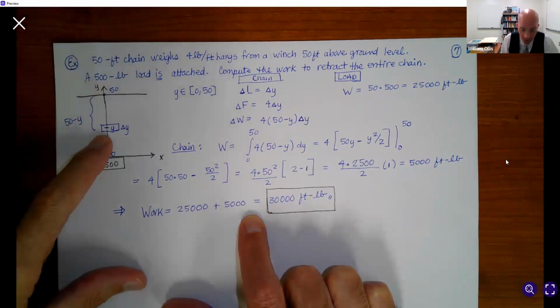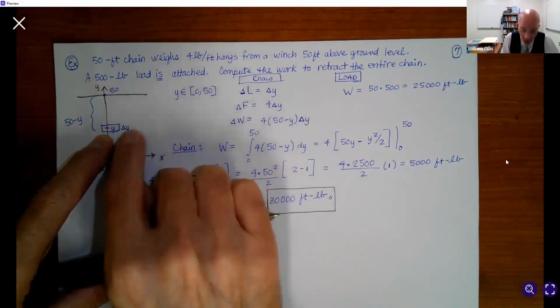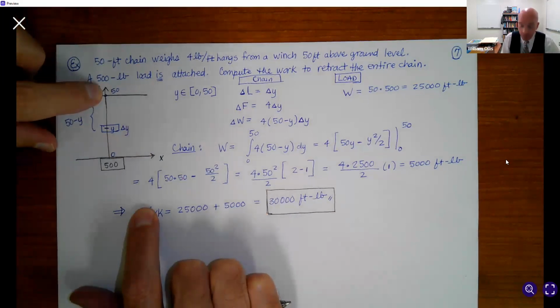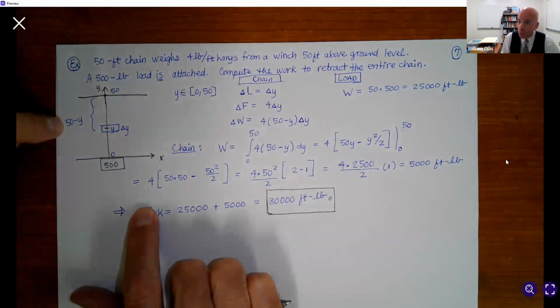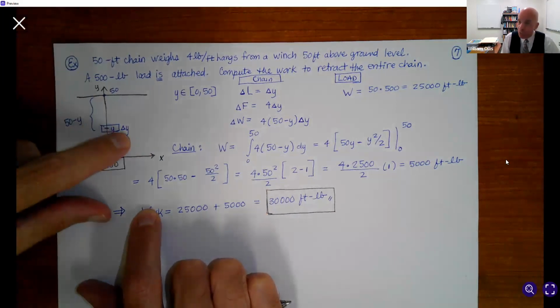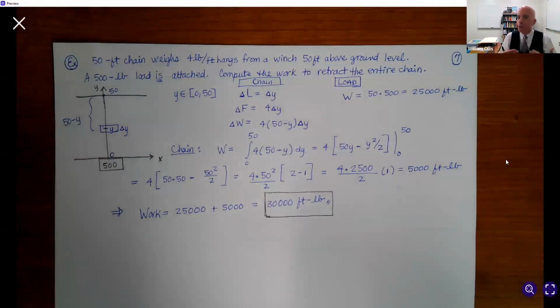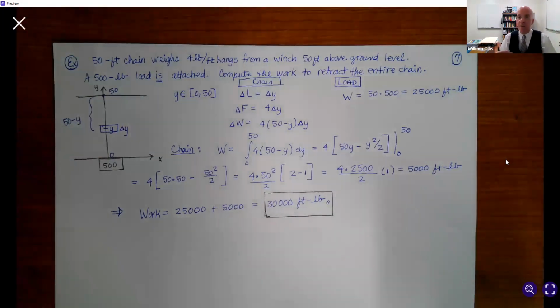But notice we're starting here at y, and the distance to the point 50 feet will just be 50 minus y. So that will be the distance that this piece, delta y, will have to move in order for the chain to be fully retracted. But then, of course, we have to do that for all the possible y's, and there are uncountably infinitely many of those.